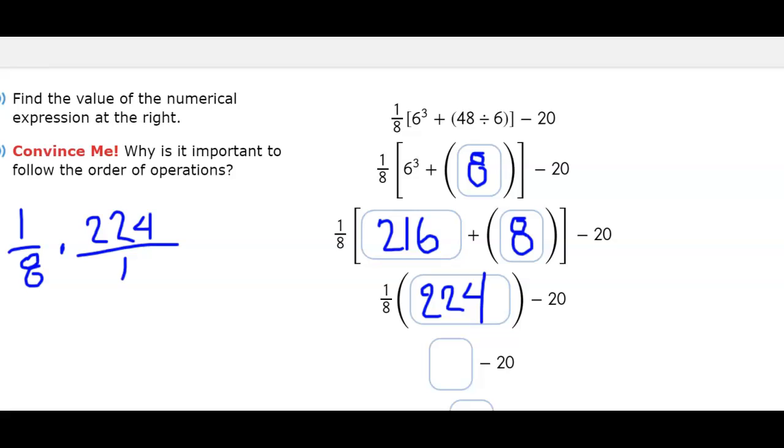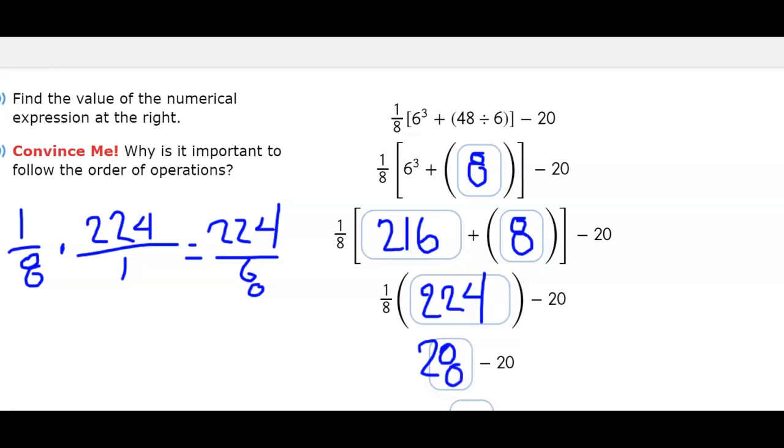We know that a whole number is made a fraction as long as you are able to put it over 1. So we multiply straight across, which will give us 224 over 8. And so we're going to divide that. 224 divided by 8, you would do long division, and then you would get 28.